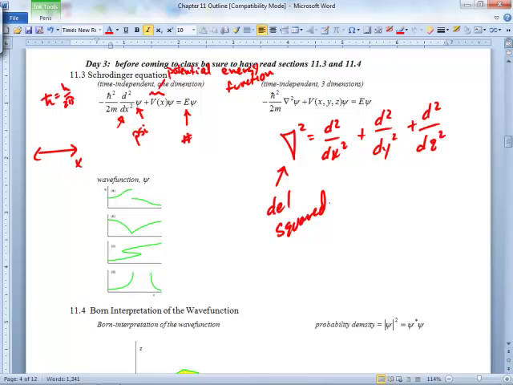Del squared stands for d2 dx squared plus d2 dy squared plus d2 dz squared. That means now our potential energy function has to be 3 dimensions too. Our wave function has to be in 3 dimensions, in x, y, and z. But it's the same format. You take the second derivative of the wave function, throw in your potential energy function. If everything works, you get the energy, a number, and your wave function back again.